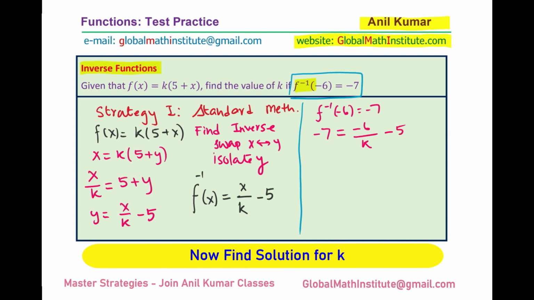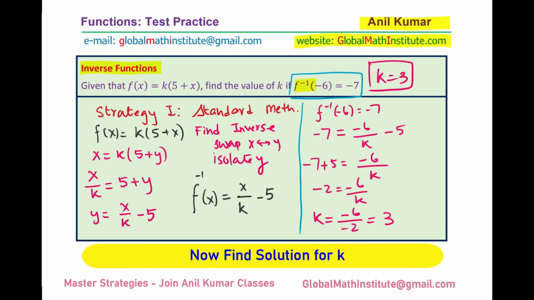Makes sense? We bring this 5 to the right side: minus 7 plus 5 is equal to minus 6 over k. Perfect, and so this is minus 2. Cross multiply, so k equals minus 6 over minus 2. That gives you 3. So we know that k is equal to 3.